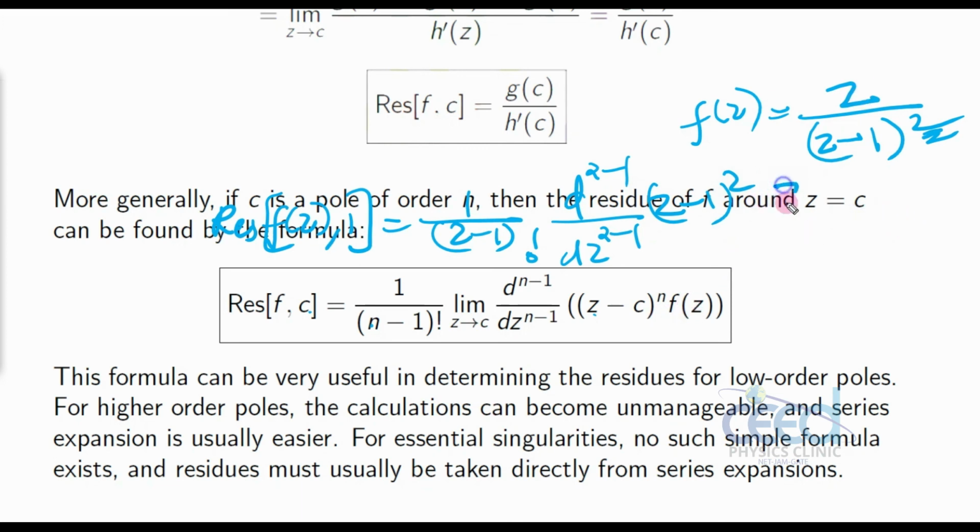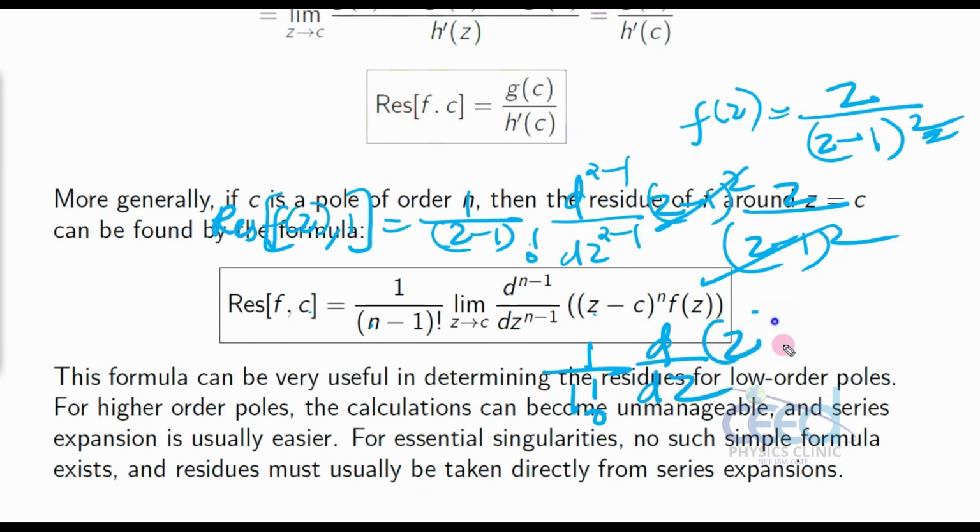What is f of z? z divided by z minus 1 the whole square. Now you can substitute, and this will cancel. So 1 by 1 factorial, and the derivative, 2 minus 1, becomes the first derivative of z, that is equal to 1. So the answer will be 1.